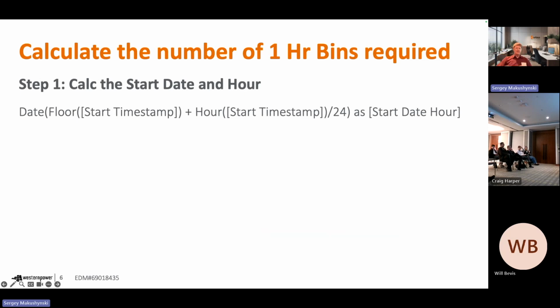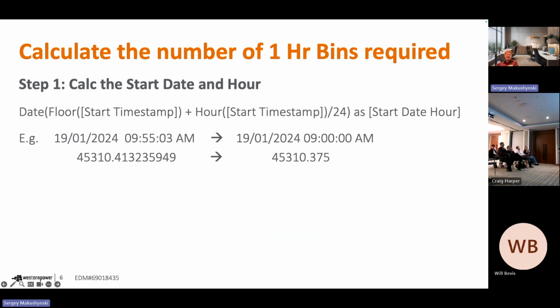So what I've done is I've got the start timestamp, and by flooring it, it just cuts out all of the time component, just leaves you with the date. And then I add on the number of hours, multiplied by 24, and that will give you a decimal number of the date and the hours, but any minutes and seconds have been thrown away.